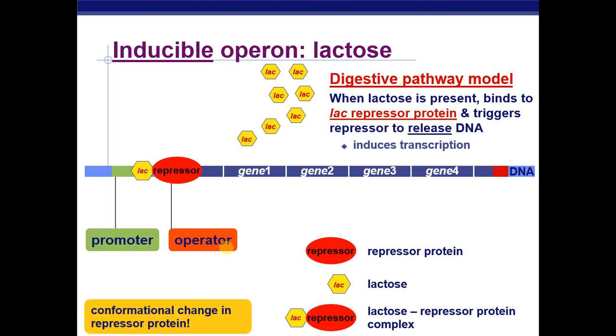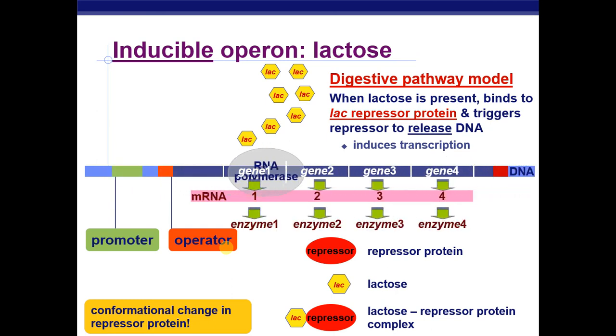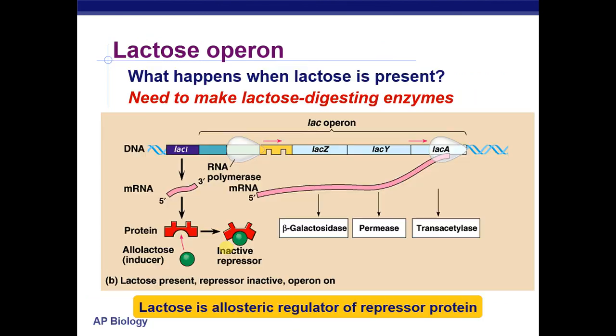And the repressor will fall off of the DNA, and RNA polymerase will be able to bind the promoter and transcribe those genes into mRNA, and they can be translated into proteins. All right. So an inducible operon is normally off, but can be induced, can be caused to turn on if the certain stimulus is met, which in this case is lactose is present in the environment.